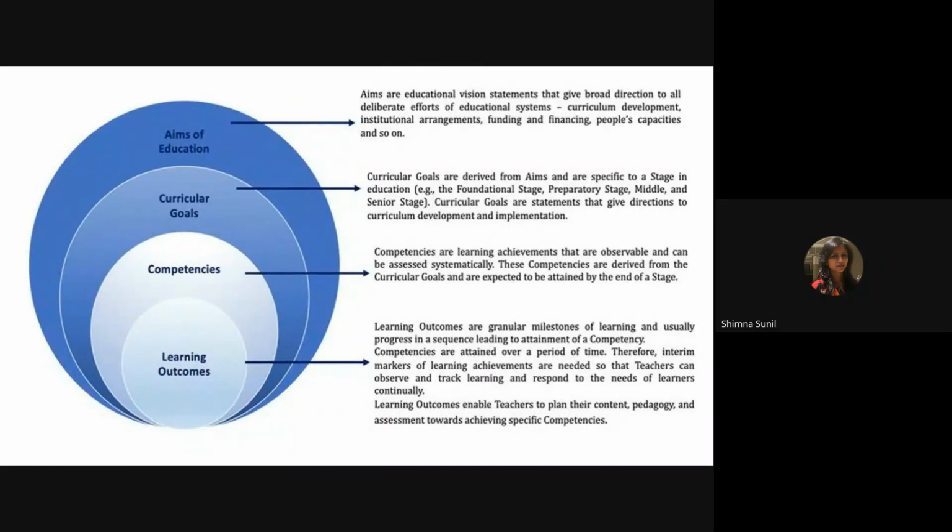So any doubts here? I would want to pause here for a while. And one small exercise you can do is think about one major goal, or start with a learning outcome in your subject, then think about the competency you're developing in the class, then the goal, and then the aim of education.